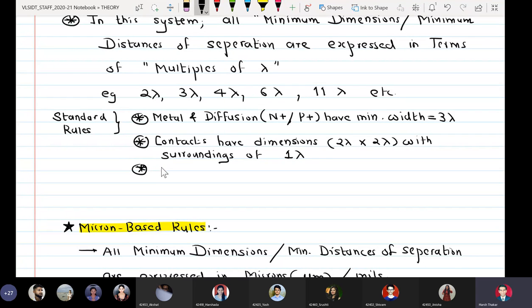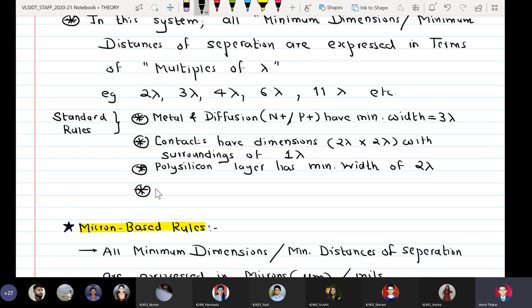Next rule is polysilicon layer has minimum width of 2 lambda.